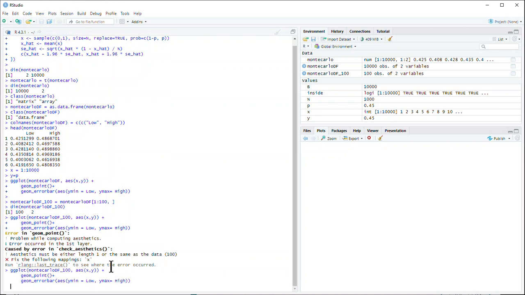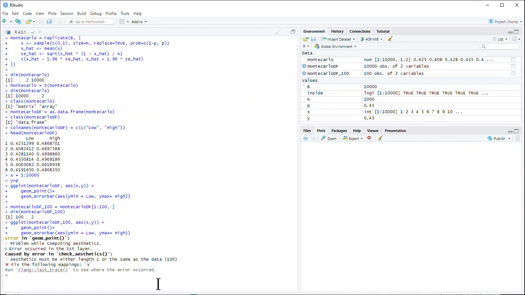Well, when I look at what I typed in, I realize that this x for the aesthetics is now from 1 to 10,000. But I've entered in a table that only has 100 entries. So I need to change the x. Okay, so let's try. x now equals 1 to 100.